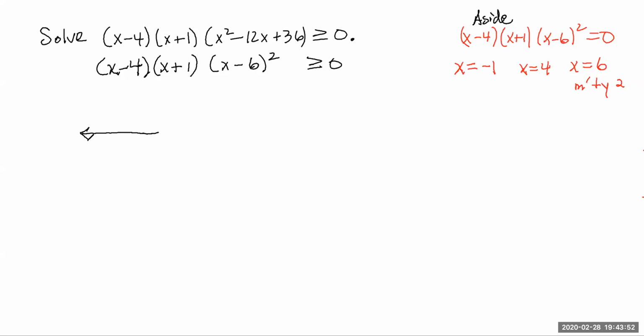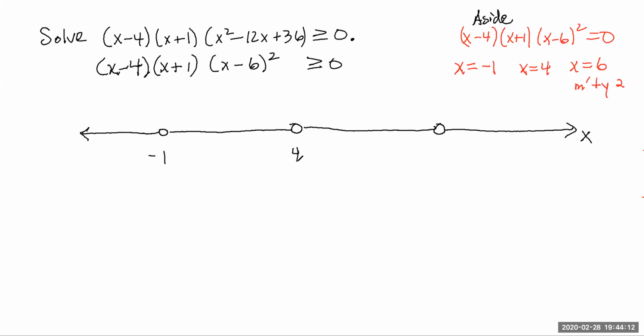And it doesn't have to be to scale. And we have 3 zeros. And there we go, we have the x number line. So the first 0 is labeled as -1, 4, and then 6 on the x number line.